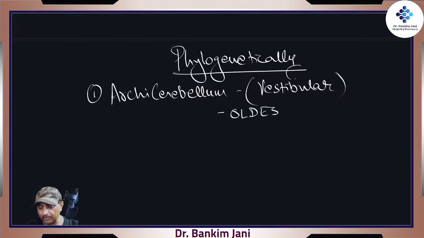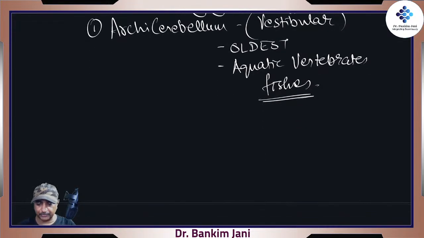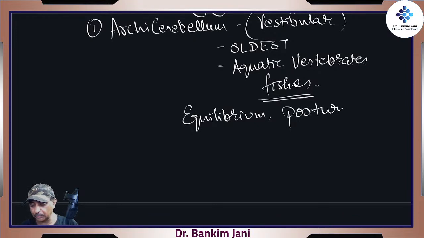And in whom was it found? It was found in all those aquatic vertebrates. Aqua is water. Vertebrates are those having vertebrae, for example fishes. Its function is vestibular. The moment vestibule comes, its function becomes equilibrium, balance. Then the posture, and also the tone of the muscle.